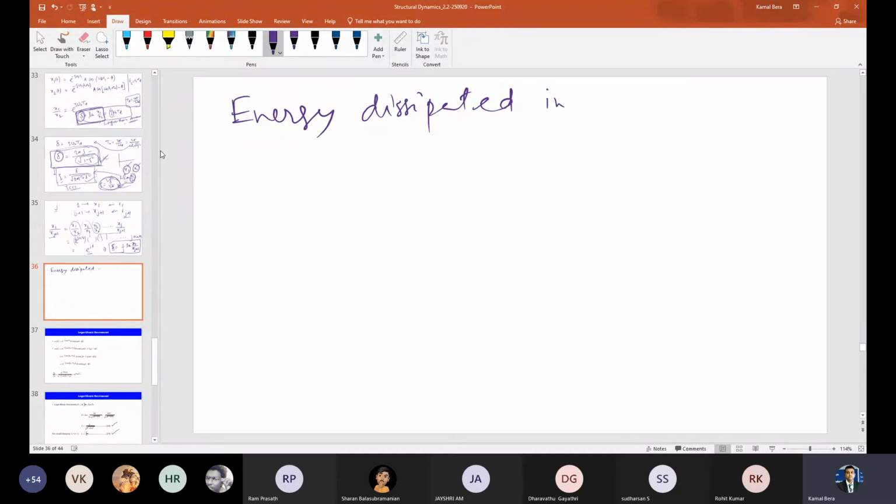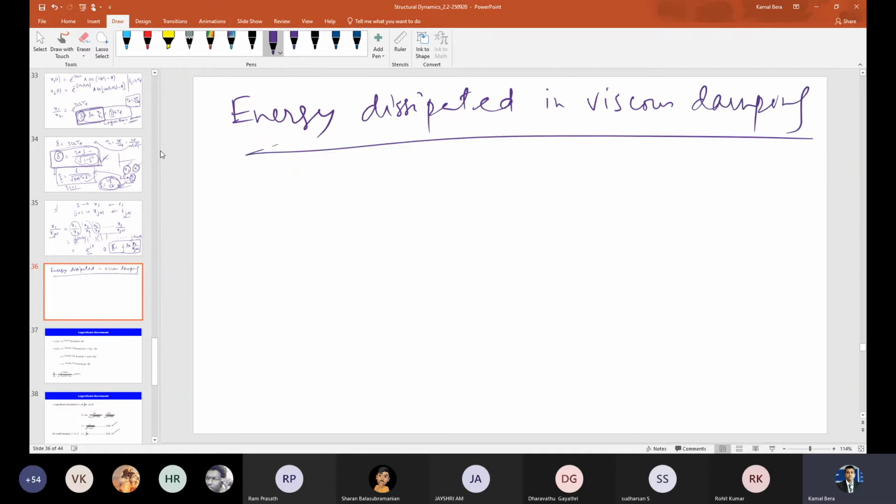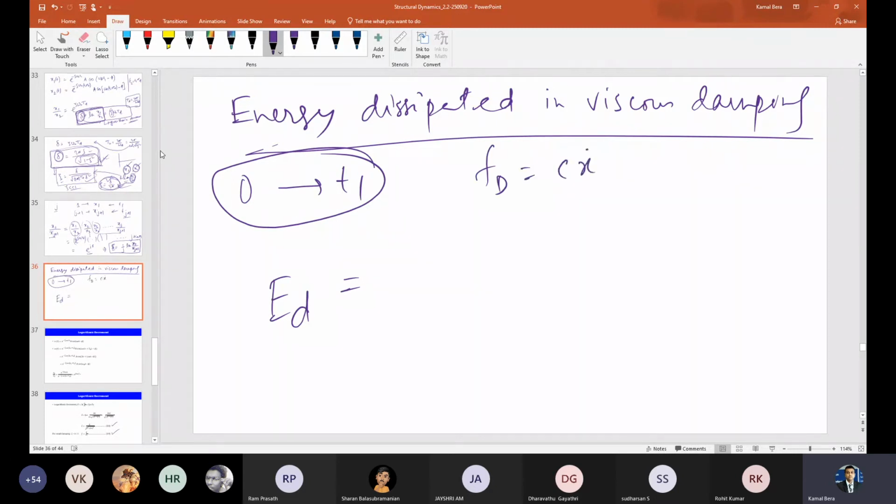It is due to the damping C, through the term C x dot. Let's see, from 0 to time t1, what energy is dissipated. If Ed is the dissipated energy and the damping force Fd is C x dot, then it is work done over the distance x: the integral of C x dot dx.